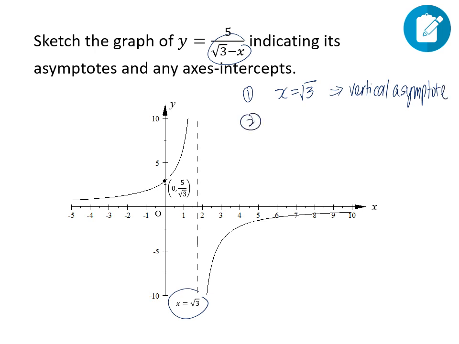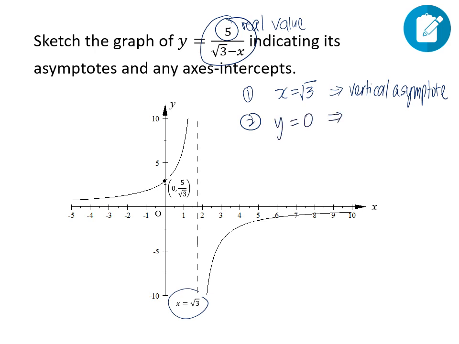Secondly, we want to find the next asymptote. Remembering that the numerator is a real value, so 5 divided by any number at all, there's no way you could actually get 0. So the entire fraction here, 5 divided by something, y can never equal 0.